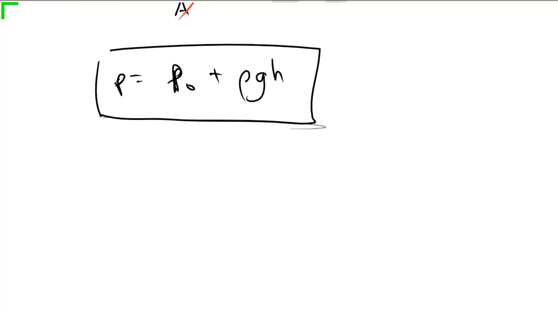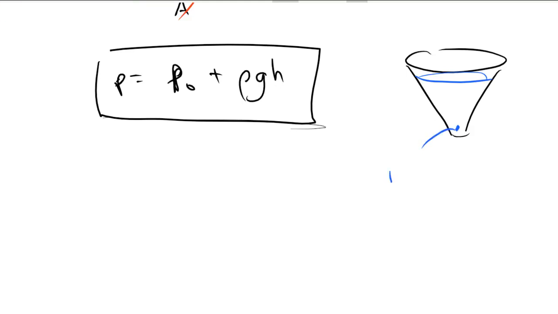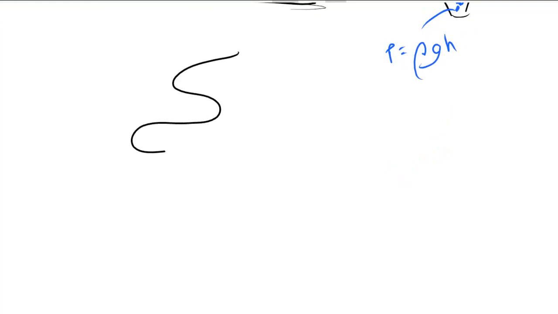If we have something that's like a cone, and let's say that we have some liquid in here, then the pressure at this point down there would still be P equal to, if let's say P naught is equal to 0, then pressure would just be equal to the density of the fluid times gravity times the height of the fluid, where this is taken to be a positive height.